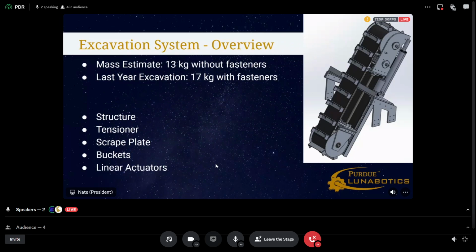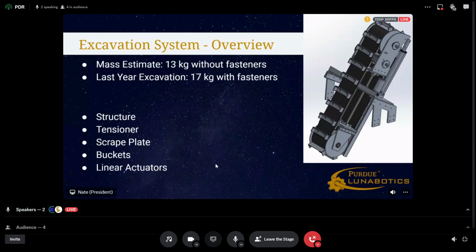Okay, kicking it off with our actual systems overview. Our last year's system was about 17 kilograms in the CAD model with all the fasteners and everything included, including dust covers and pretty much everything except the lead screw dust cover and some of those 3D printed components.